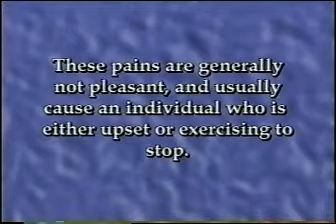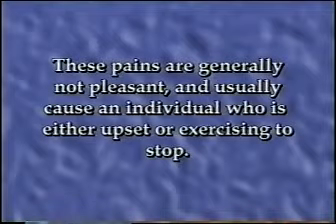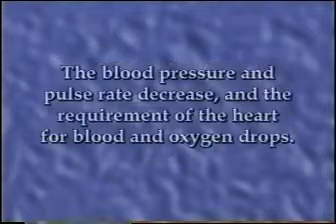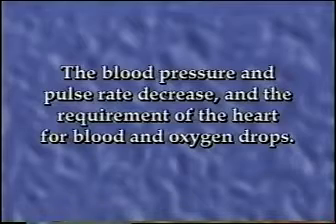Angina usually produces pain in the chest, throat, jaw, arms, shoulder, or in the upper part of the stomach. These pains are generally not pleasant and usually cause an individual who is either upset or exercising to stop. Then the blood pressure and pulse rate decrease and the requirement of the heart for blood and oxygen drops.